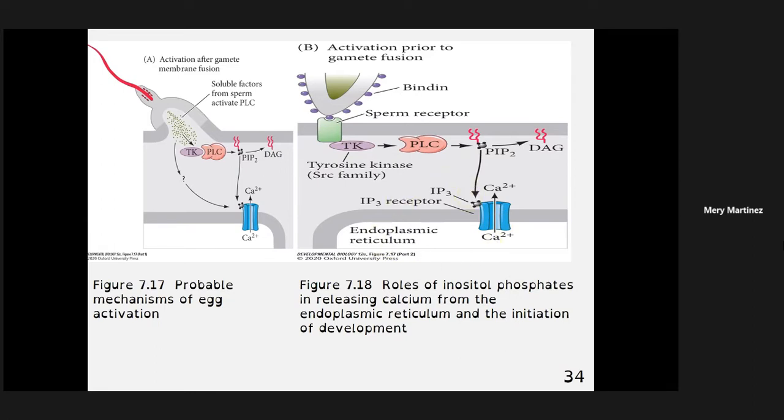Okay, so we have tyrosine kinase family and PLC, and then pyruvate gets in here, and we stimulate the calcium channels. And in this case, normally the IP3 acts as a secondary messenger to open the calcium channels. Okay.